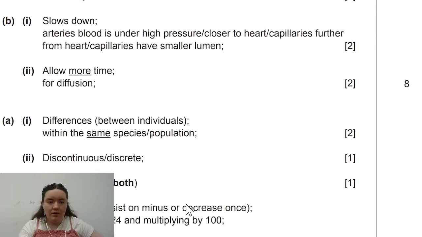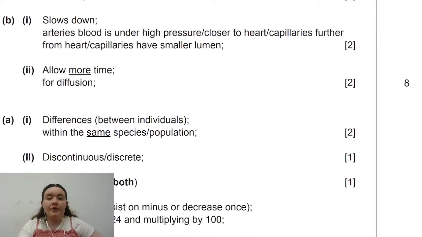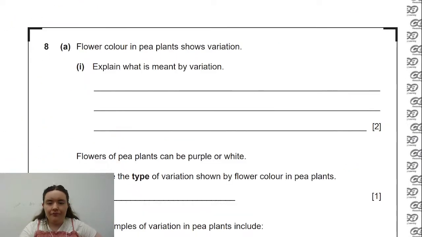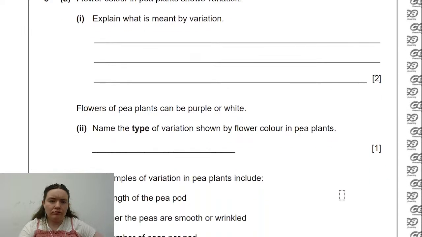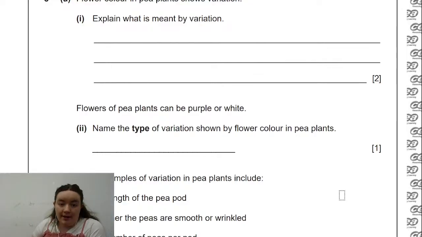So differences between individuals of the same population. Okay, so flowers of pea plants can be purple or white. Name the type of variation shown by color in pea plants, and that is a phenotype. So a phenotype is a physical trait that you can see the difference between.